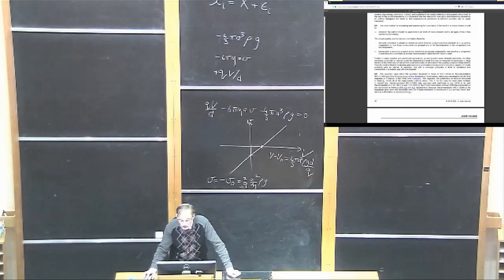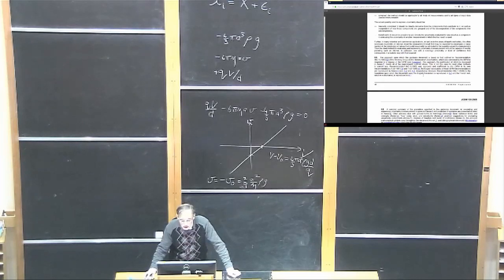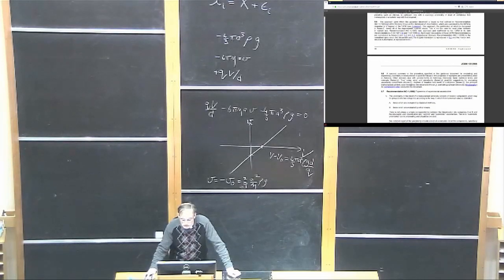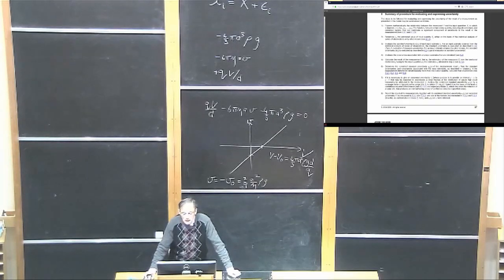I think it's here. Here we go. Clause 8 has a succinct summary. So let's go to Clause 8. Summary of procedure. Express mathematically the relationship between the thing you're measuring and the thing it depends on. Well, that's fairly obvious. Now, where's the important part?